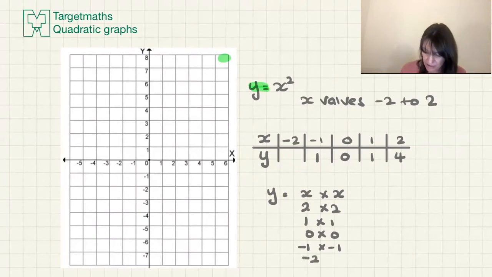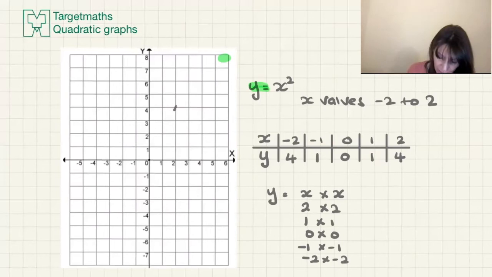So we've got minus 2 times minus 2. 2 times 2 is 4. The 2 negatives make a positive. So absolutely, indeed, it does. So let's plot this. I've got 2, 4, and I've got, what did I have? 1, 1, 0, 0, minus 1, 1, and minus 2, 4.